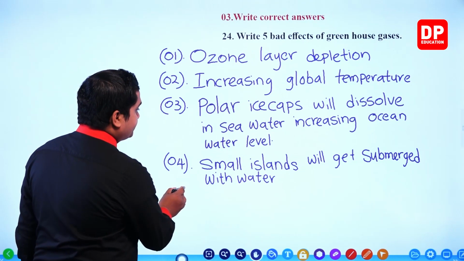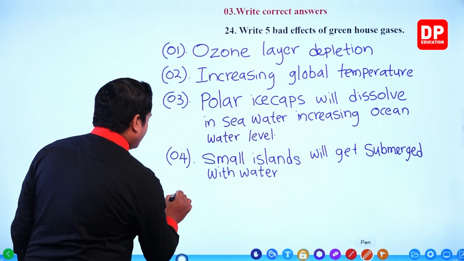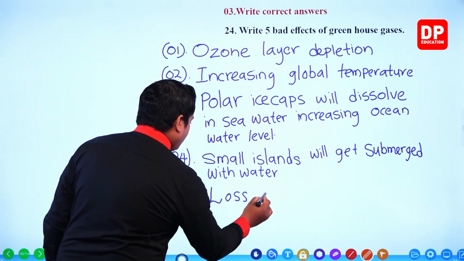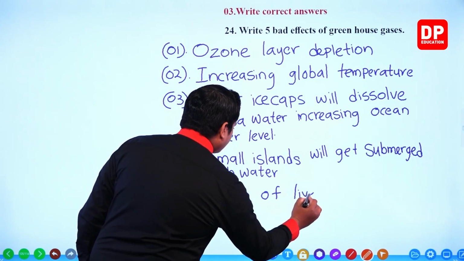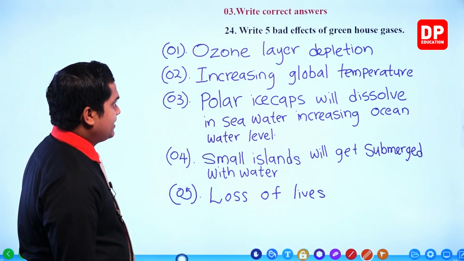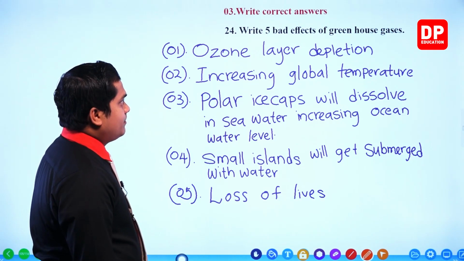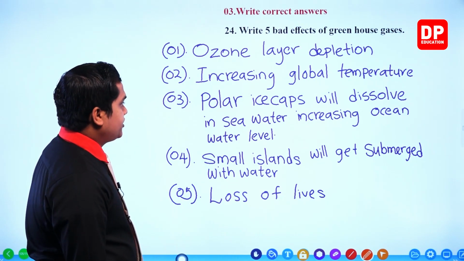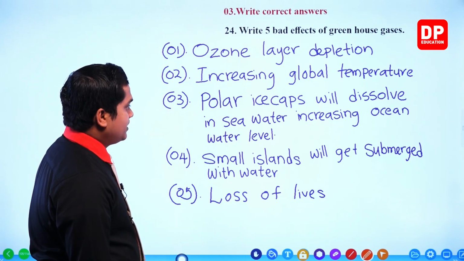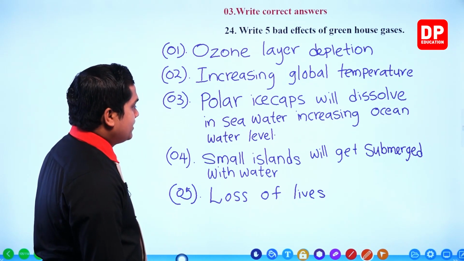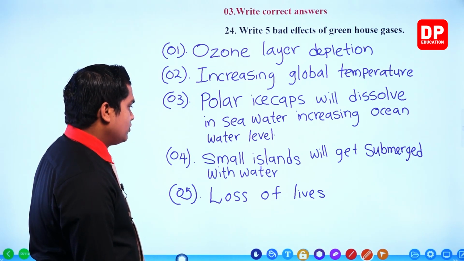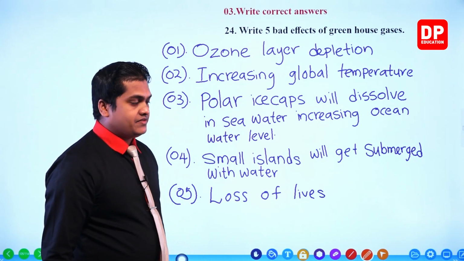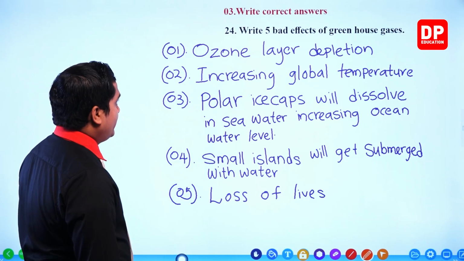Then, my dear children, number five, loss of lives. Okay, so these are bad effects of greenhouse gases. Ozone layer depletion, increase in global temperature, polar ice caps will dissolve in seawater, increasing ocean water level. Then small islands will get submerged with water, and upon these things, my dear children, definitely there is going to be loss of lives. So these are the answers for the 24th question.